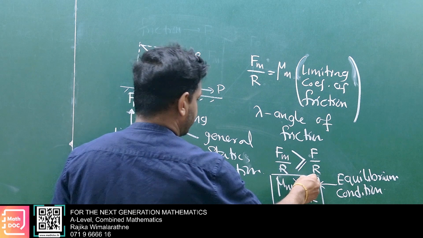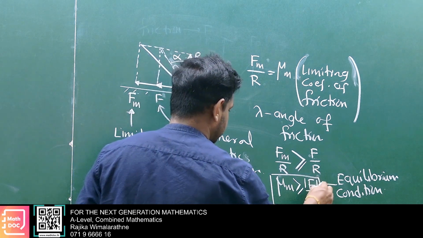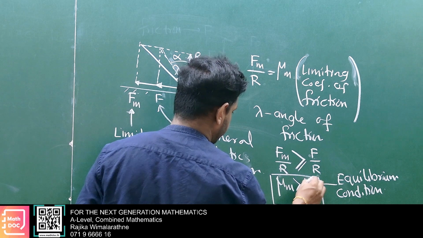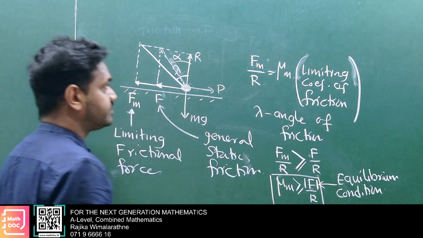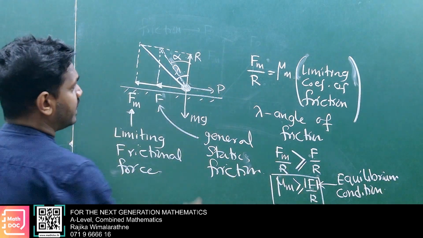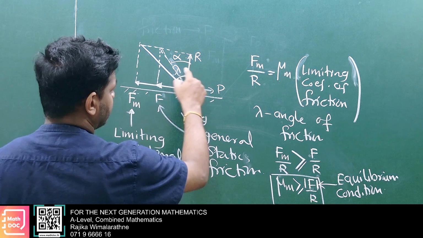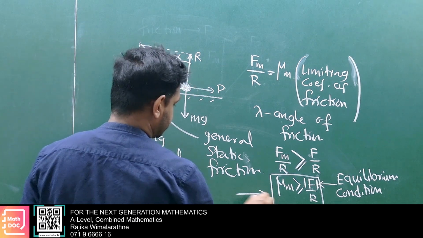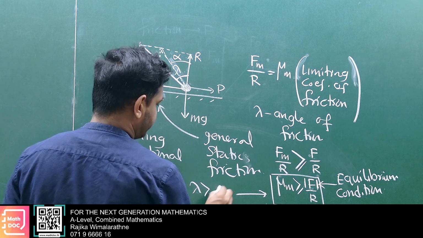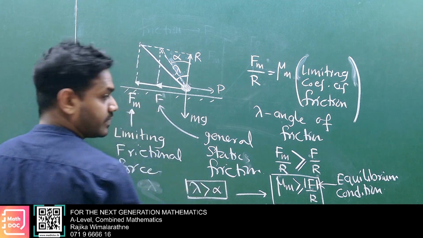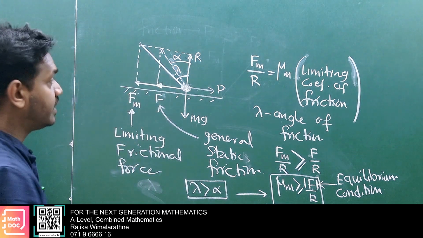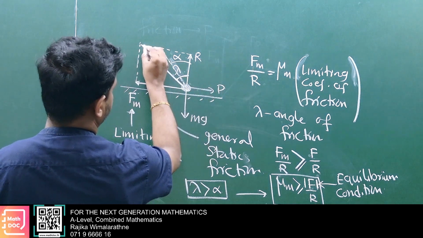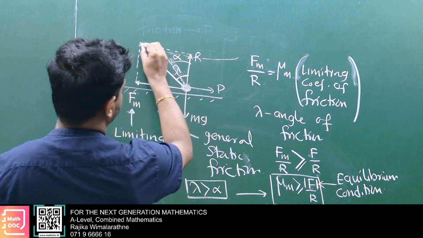Here usually we put a modulus sign. Later we will discuss why, but for now just identify that there can be a modulus sign. When you consider the lambda and alpha relation, lambda is greater than alpha. When you rotate this, we create a cone of friction.